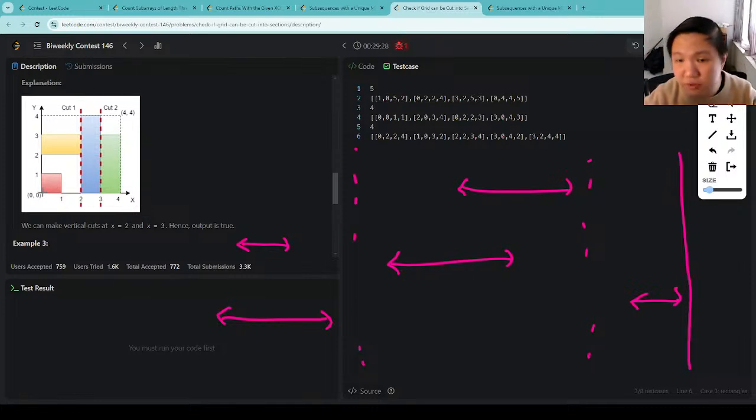Then you solve the horizontal cut problem: you find all the heights of all the rectangles, bottom to top, and check if you can make 2 horizontal cuts. Solve it as 2 separate problems. You probably shouldn't get the TLE. I'm surprised.